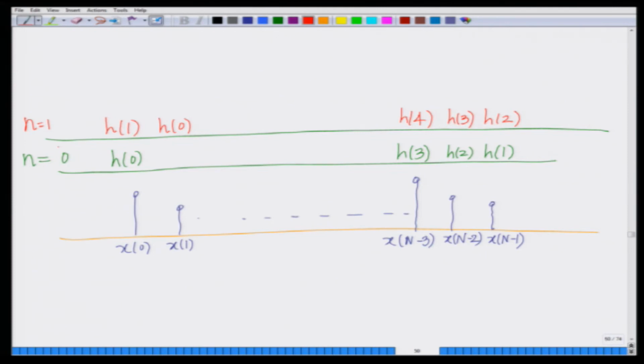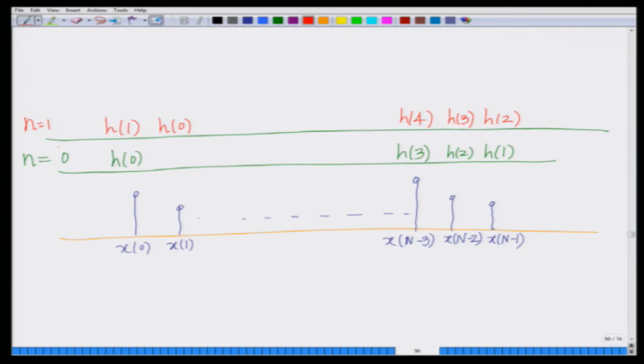We have h of 0 times x of 1 plus h of 1 times x of 0 plus h of 2 times x of n minus 1 and so on. And what you can see is that with each time instant, the channel coefficients are moving circularly over the transmit OFDM samples.